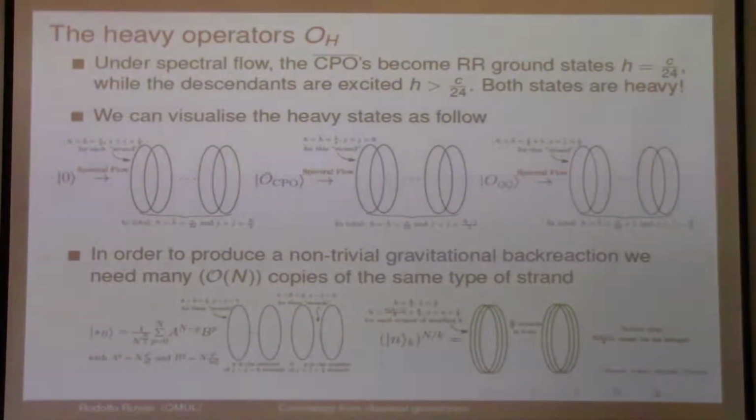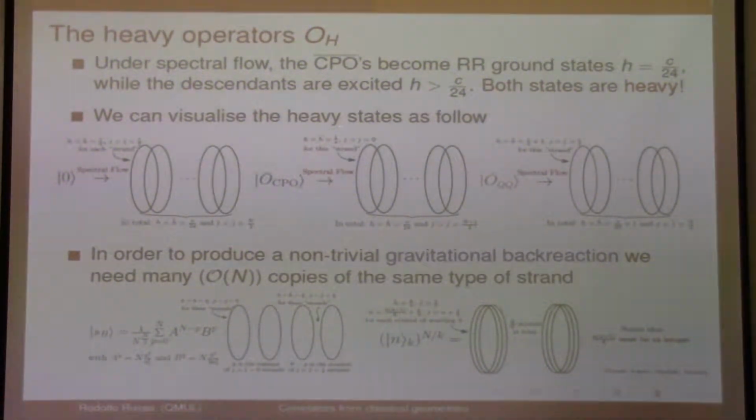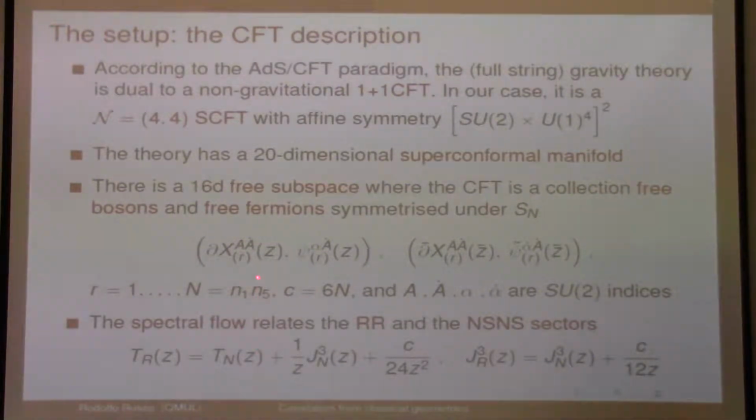So you can think about this state with dimension c over 24 as a collection of n copies, where the relation between c and n is that c is 6n. These n copies are labeled by the index R, where the fermions, instead of being in the Neveu-Schwarz vacuum, are in the Ramond vacuum, right?